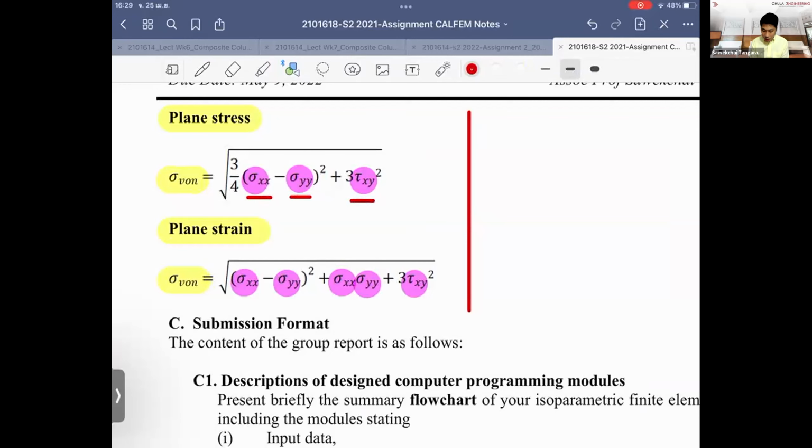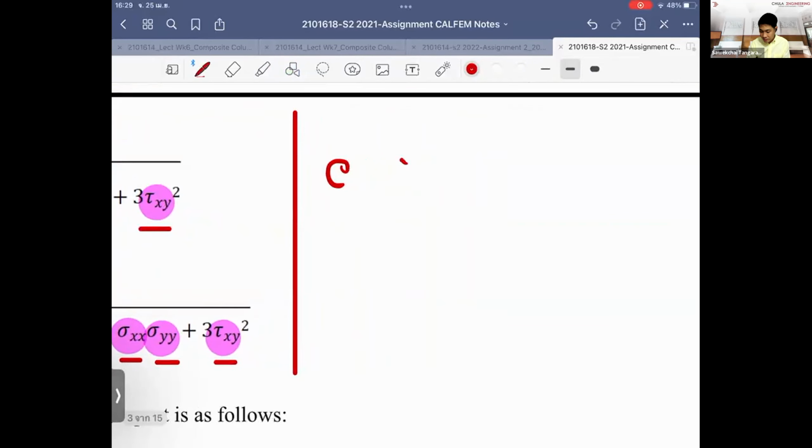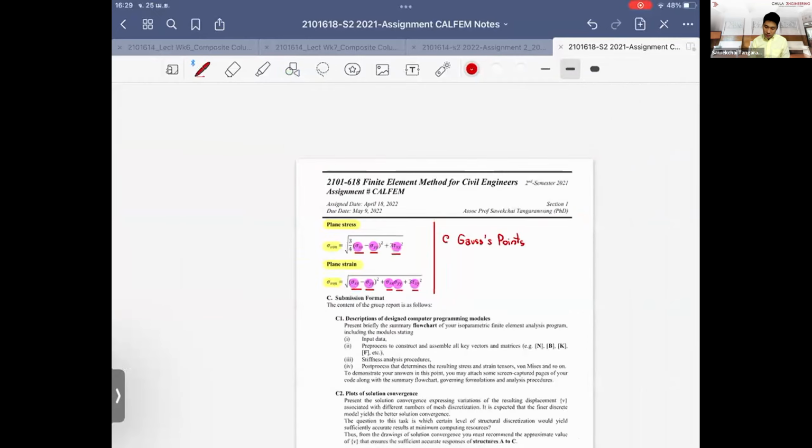So you have to calculate the stresses, either plane stress or plane strain, at the Gauss points. Each element has four Gauss points.